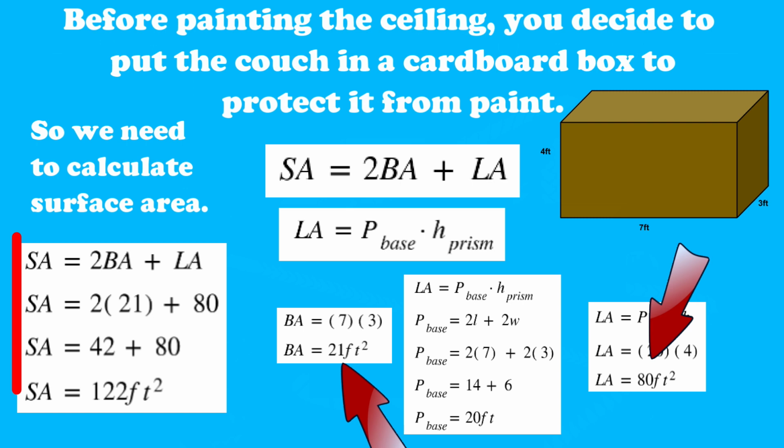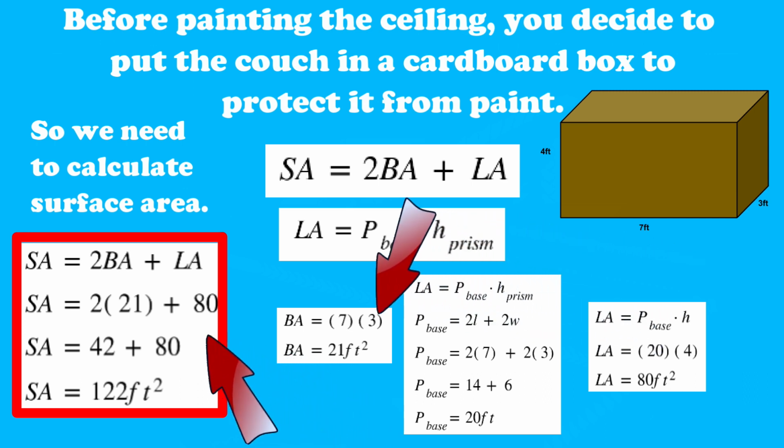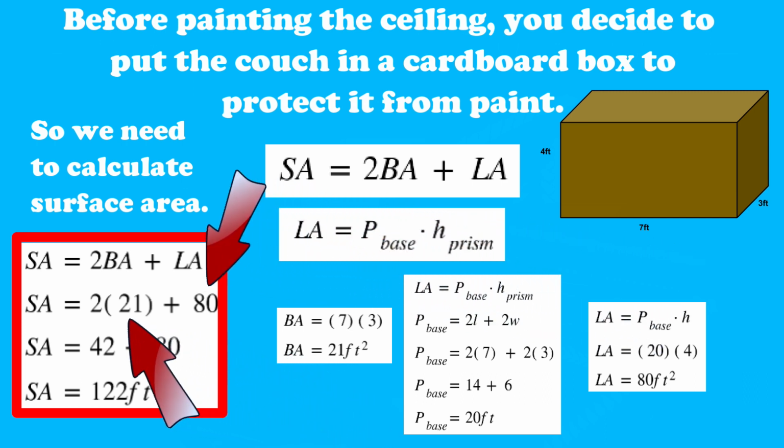Now let's go back to our surface area. The formula is 2 times the base area plus the lateral area. Our base area we figured was 21 square feet. Our lateral area was 80 square feet. Plug those back in. 2 times 21 plus 80 gives us 42 plus 80, which gives us a surface area of 122 square feet.